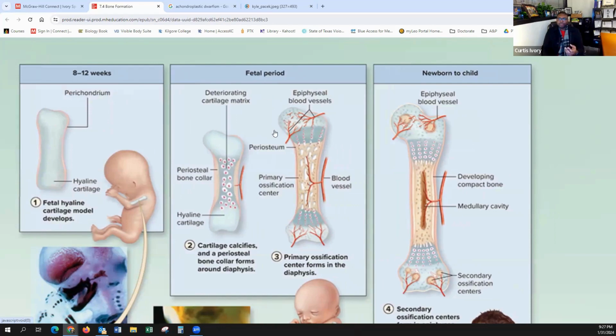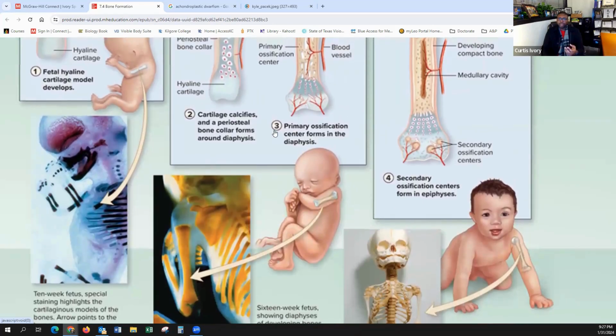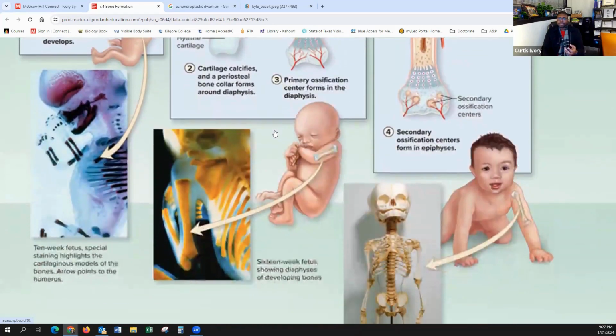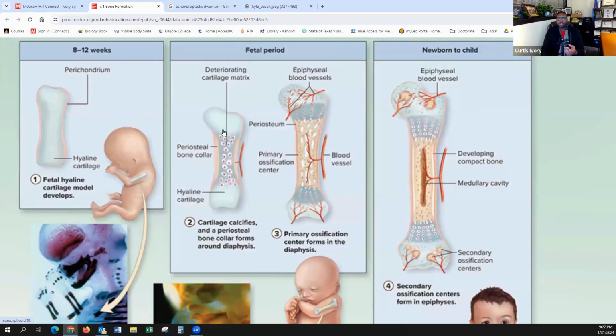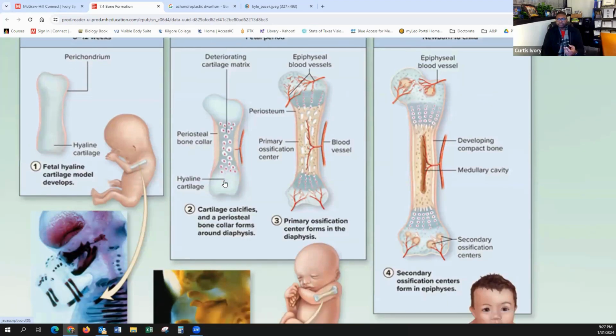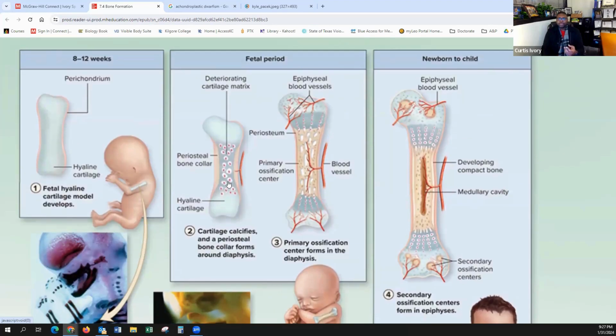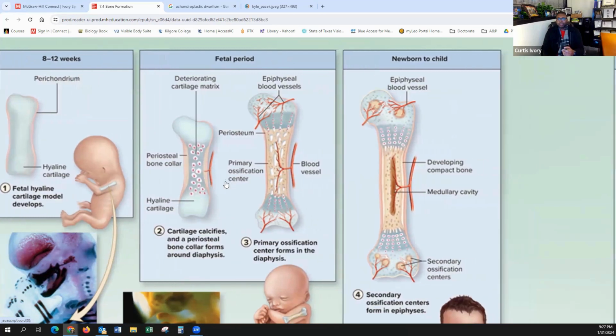In the fetal period, which is essentially after it's getting ready to be born, we see that we have some chondrocytes in here. And we're starting to see proliferation, which, remember, means cell growth.